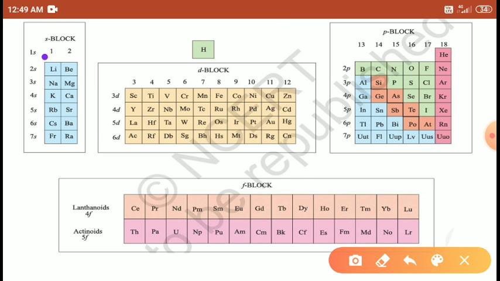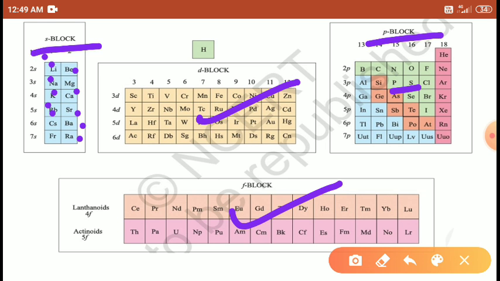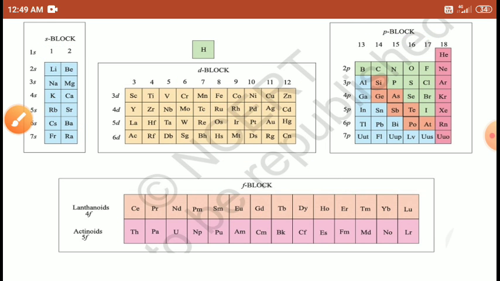Students, so this is the s block, the p block, the d block, and the f block. The s block elements are lithium, sodium, potassium, rubidium, cesium, francium, beryllium, magnesium, calcium, strontium, barium, and radium. Why are they classified into different blocks?